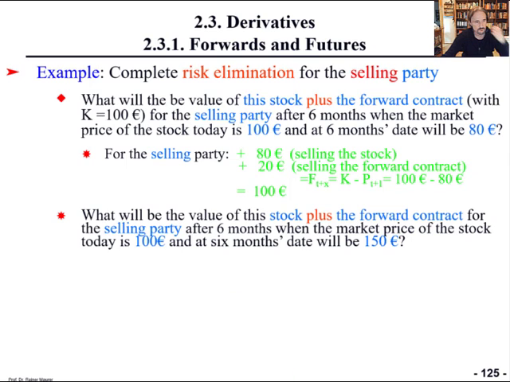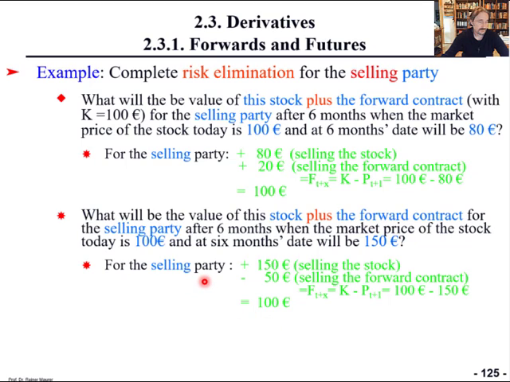Now, if the opposite happens, if the market price of the underlying stock grows to a value of 150 euro, then the selling party can sell the stock at this market price, 150 euro, but the forward contract will now have a negative market price of 50 euro, since the formula tells us the market price of the selling position in the forward contract is the delivery price minus the market value of the underlying asset, so 100 euro minus 150 euro.